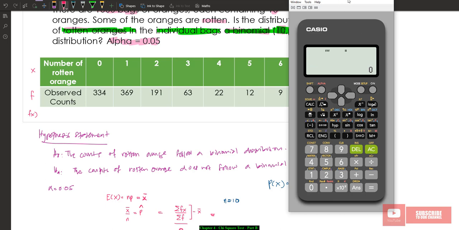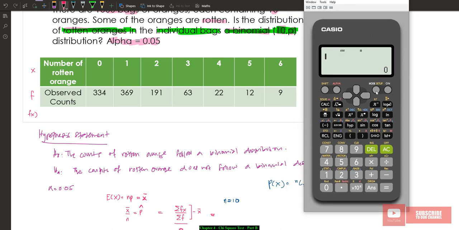So now we choose mode one time and click on 3 for statistic, and we use 1. Here is the value of x, and this is the value of frequency. We just need to key in the values carefully.